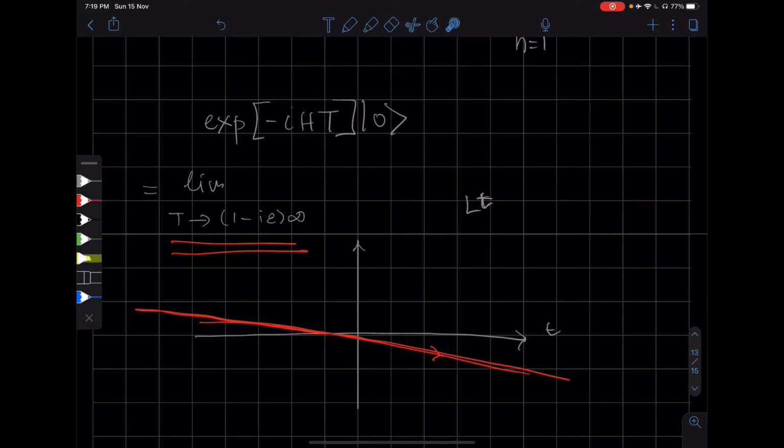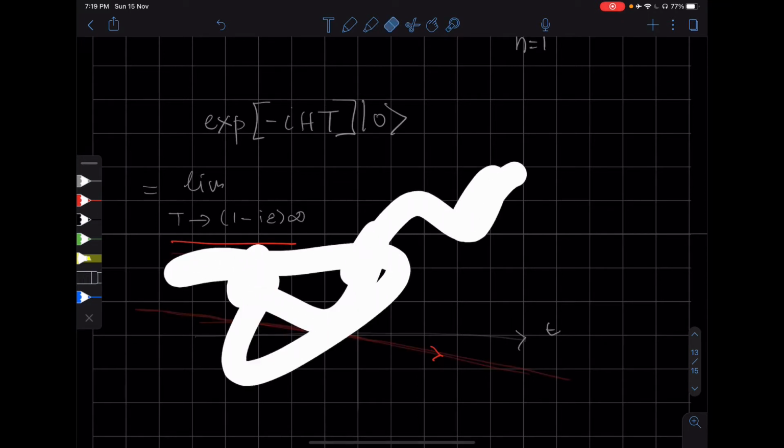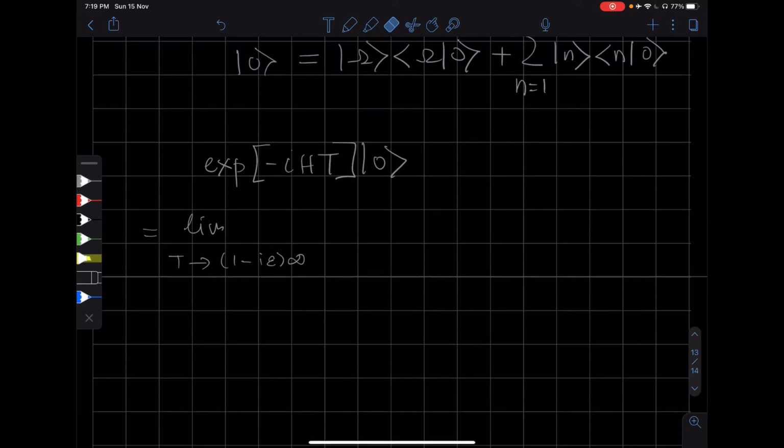So we take this limit, and then we apply it. If I look at this in this limit, what do we have? The first term gives us e to the power minus i E_0 T times Omega times the overlap of Omega with 0.